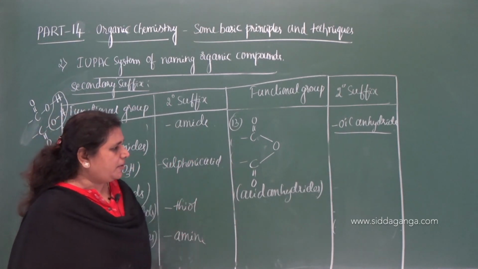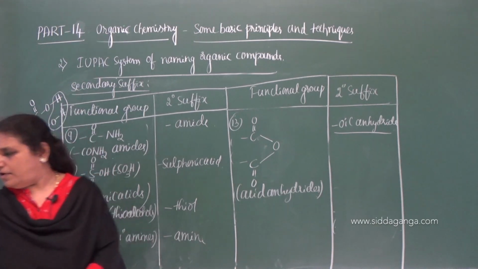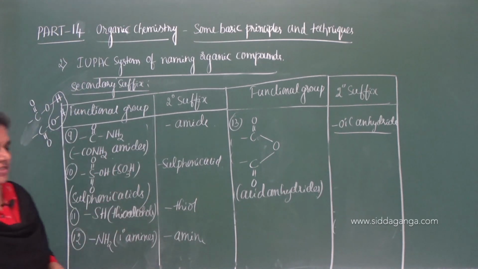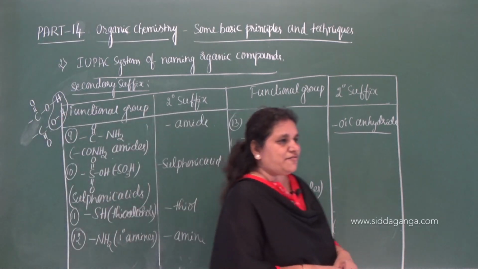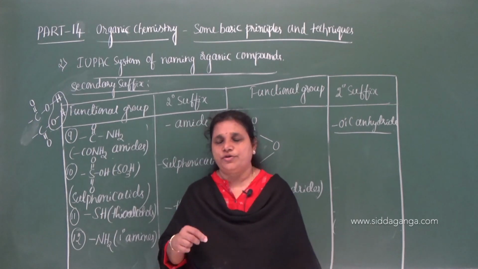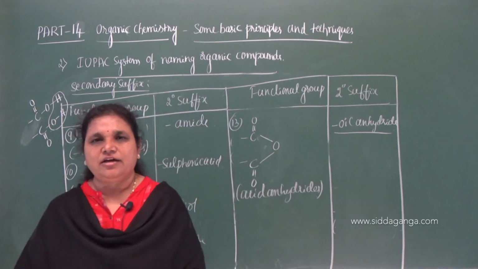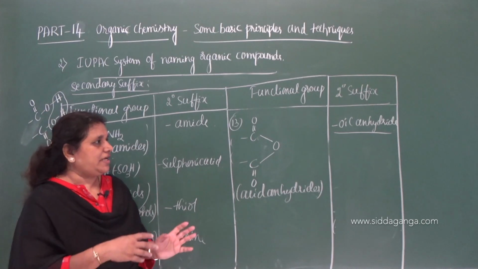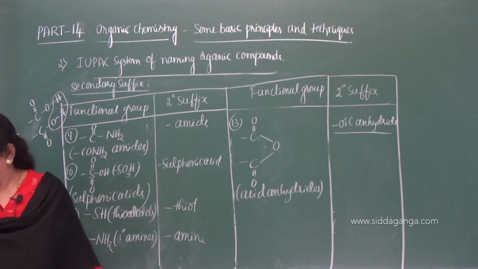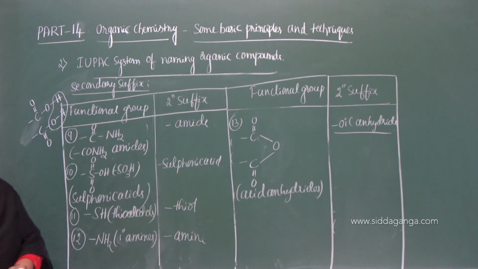So this is about the secondary suffix for different functional groups, and as I said, the secondary suffix is added to the primary suffix. While adding the secondary suffix to the primary suffix, we have to drop the terminal E of the primary suffix. That depends on the nature of the functional group. So let me give a few examples for this.